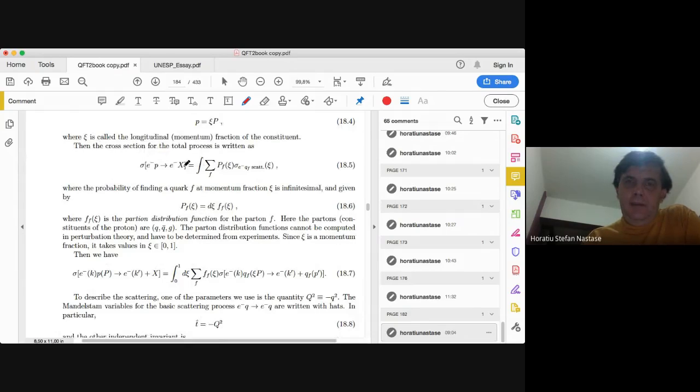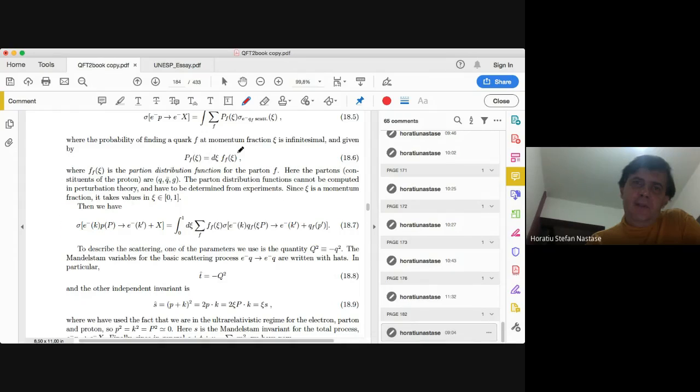So then the total cross section for the total process is understood as a sum or an integral over the probability to have this finite fraction psi times the cross section where the parton has fraction psi.